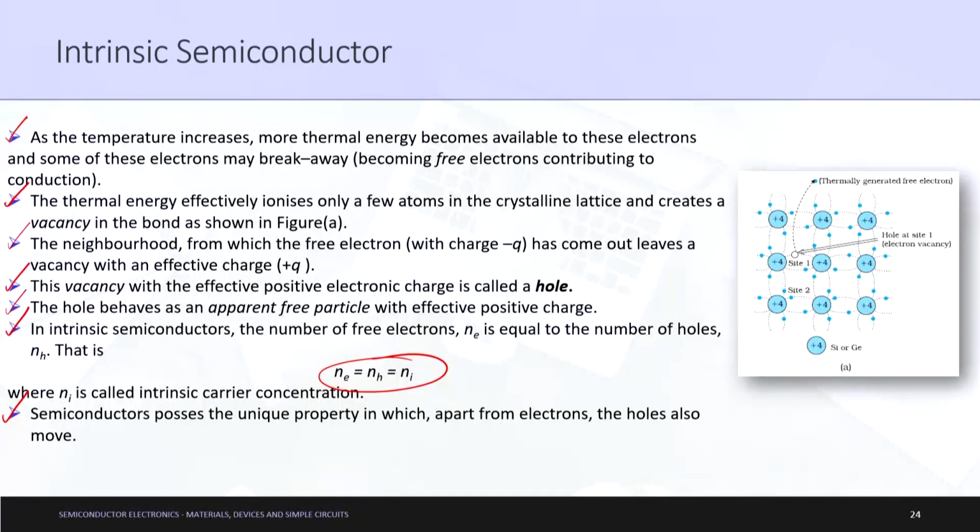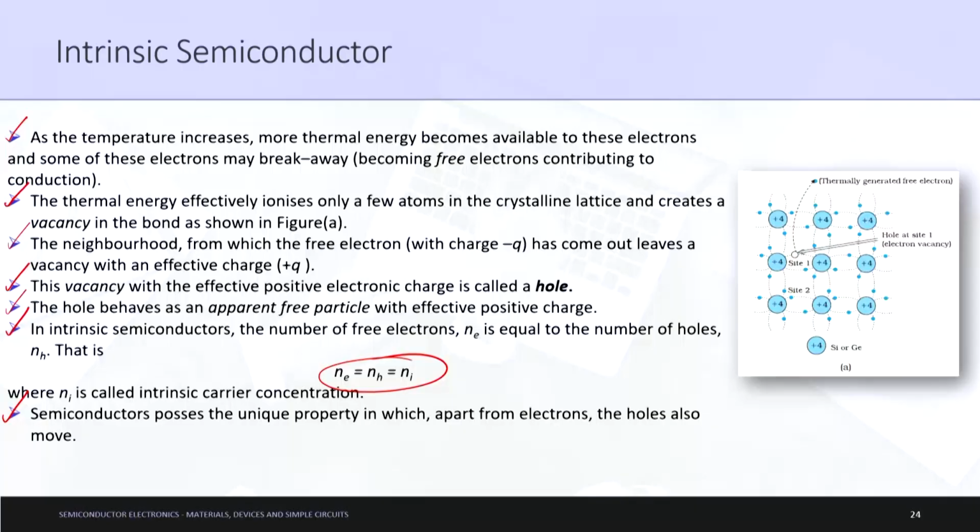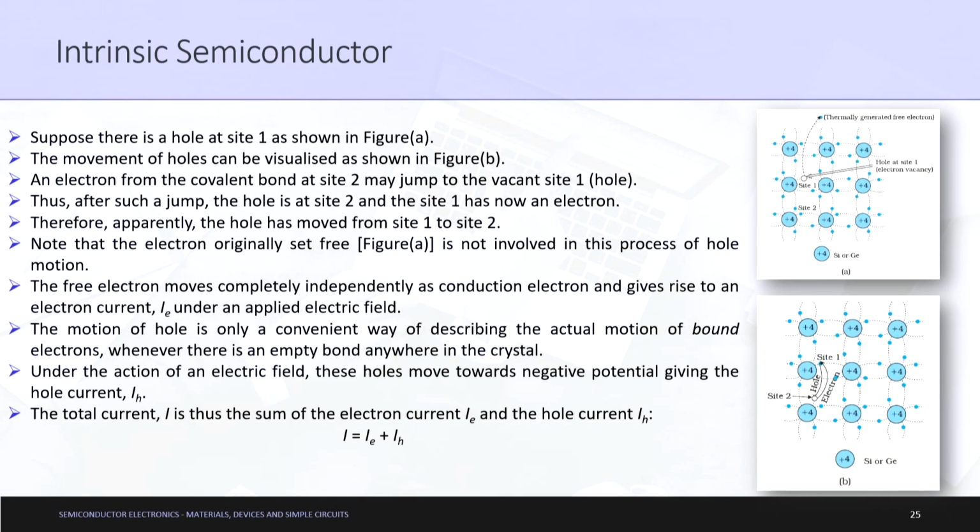I will explain in subsequent slides, but for now just understand that conduction of electricity can occur due to the movement of electrons and also the movement of holes. These holes are created when there is a thermal excitation of the electrons from, let us say, a covalent bond. So that vacant space created is called a hole. Fine. Let us move forward then.